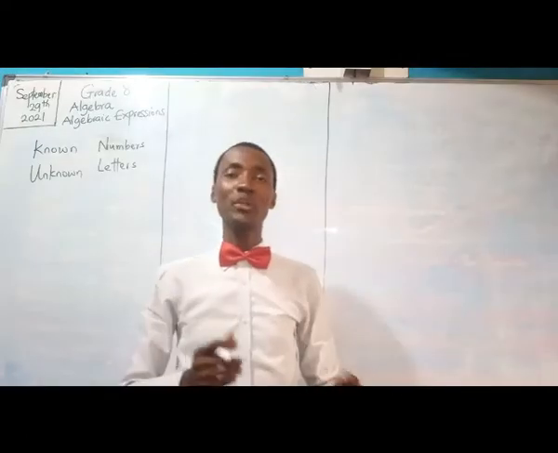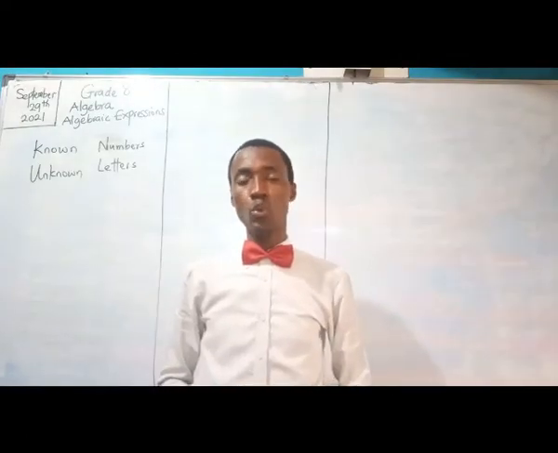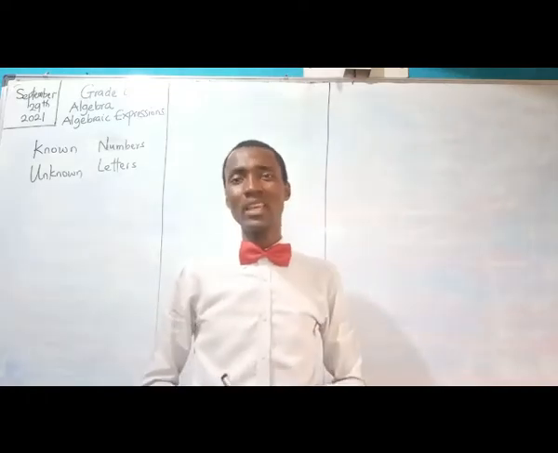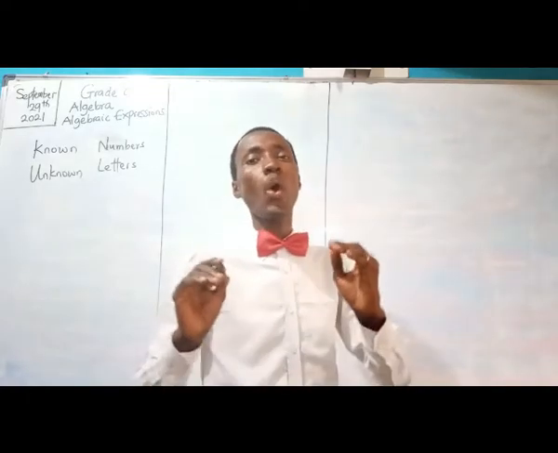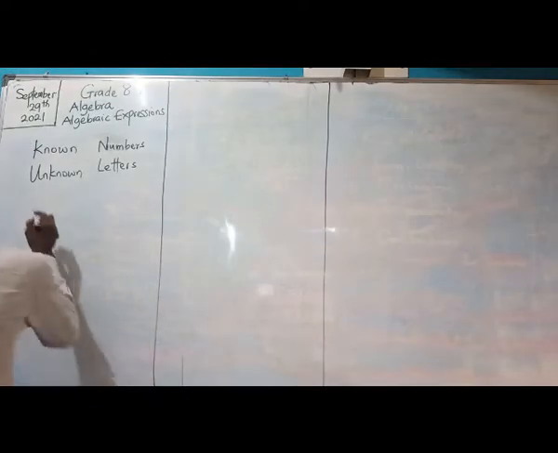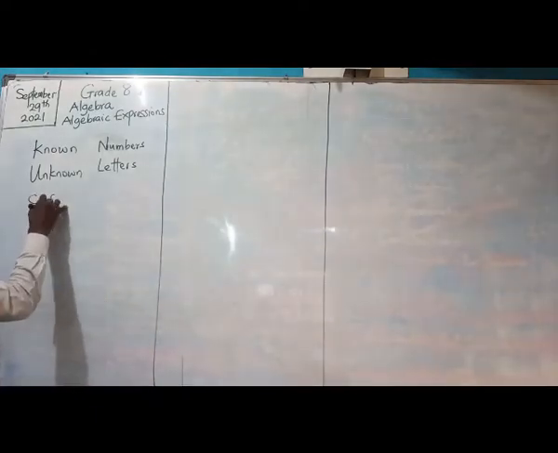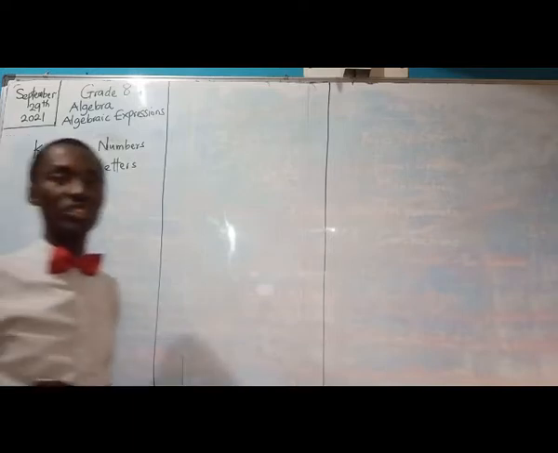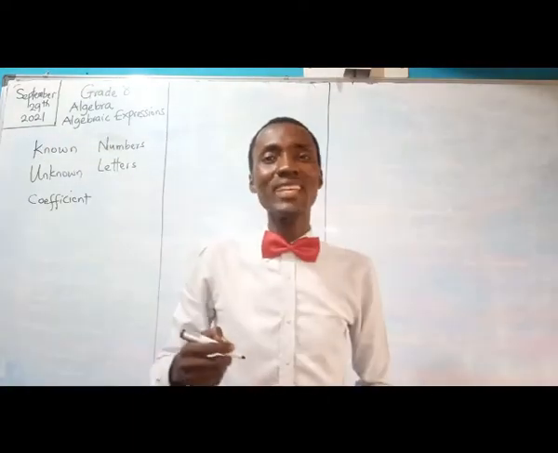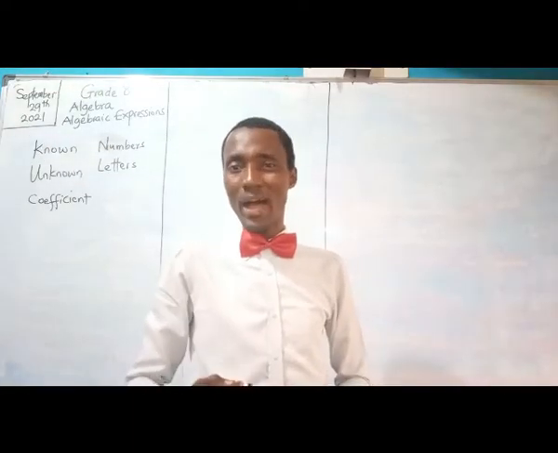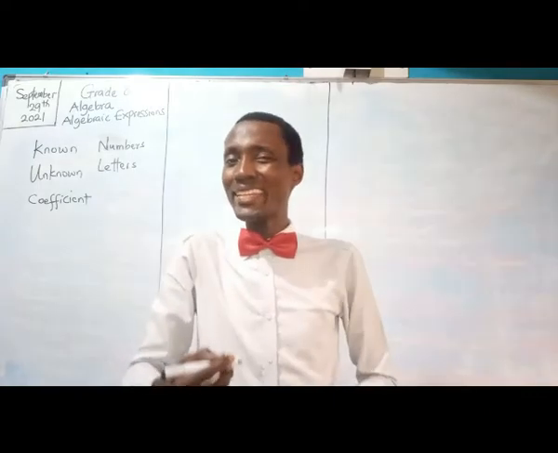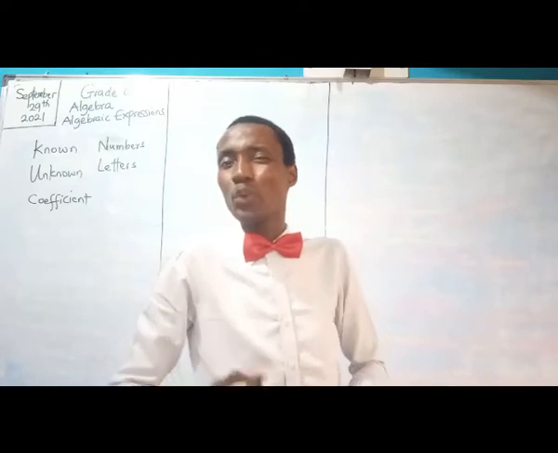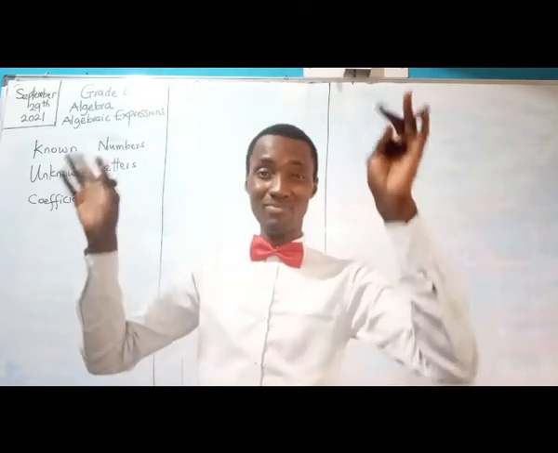added to known and unknown will be certain other concepts that are very important. There is something we call the coefficient. I've treated this extensively in my other videos. Coefficient. What is a coefficient? A coefficient is a number that gives us an idea of how many times a letter or an unknown is being added.